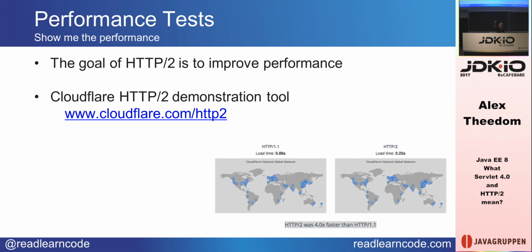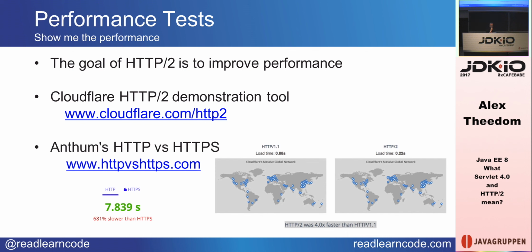Go there right now and have a look at their really nice and neat little tool, which gives a very nice demonstration of just how much faster or more performant HTTP2 is over HTTP 1.1. Again, there's another little tool that you can go and play with that compares HTTP versus HTTPS. I prefer that one because it's quite an interesting tool.